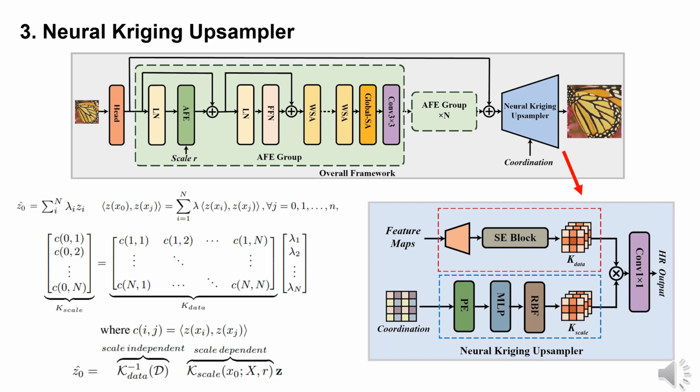The first branch is a scale-insensitive branch that uses SE blocks to explore the prior relationship between image feature values and spatial location learned from the training data, yielding data kernels. The other branch is scale-sensitive, which conducts relative position encoding on sampling points with reference to the target coordinates, calculating the spatial geometric relationship through an RBF function to obtain the scale kernels according to the target scale. We also cascade the RBF function with an MLP to enhance the learning ability.